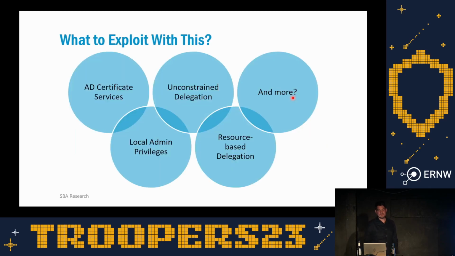So there are some ways what we can exploit using this. The popular one is AD Certificate Services. This was this big vulnerability with PetitPotam in 2021, which you most probably heard of and hopefully implemented the mitigations because it is not completely fixed. And then I will go into a little bit less known things, local admin privileges and unconstrained delegation.